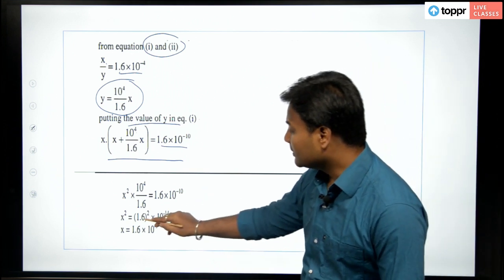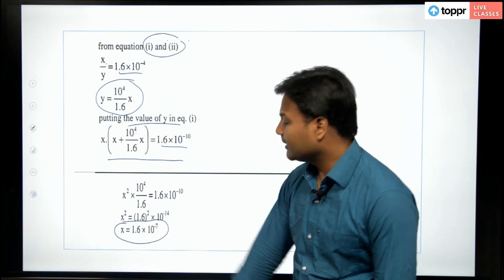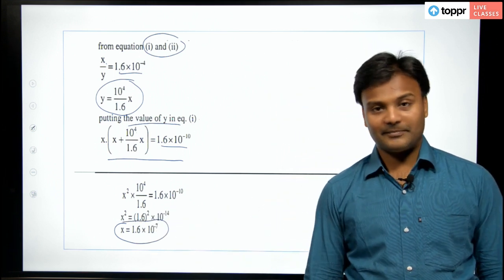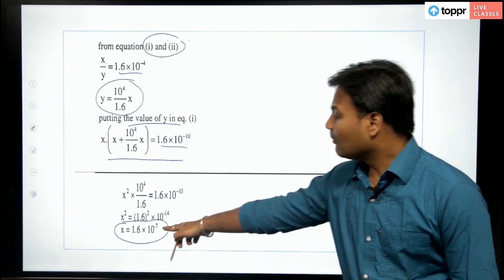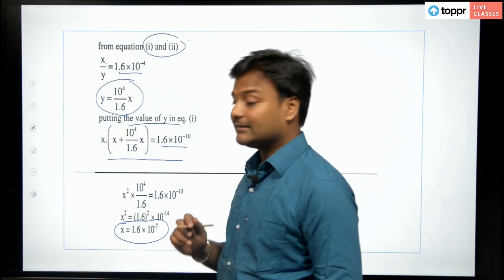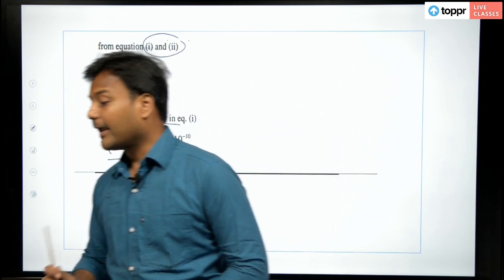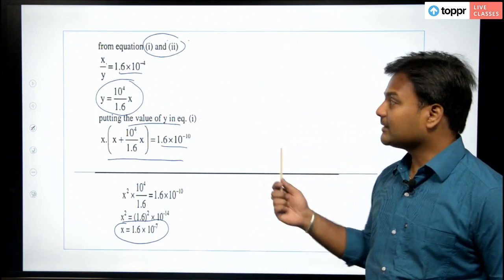Now, this gives you 1.6 into 10 raised to minus 7. Look at this, this is the question. So, x will be 1.6 into 10 raised to minus 7, that is the net resultant concentration of Ag plus ions. Is it clear to you?